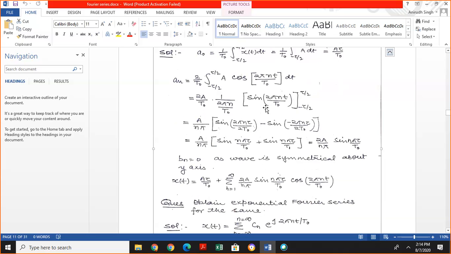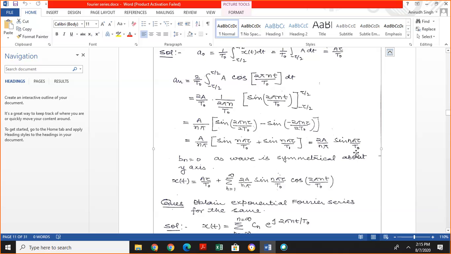sine 2 pi n t by T naught. Here we substitute small t replaced by tau by 2, so this 2 is cancelled out. Because sine of minus theta is equal to minus sine theta, we get this equation, and the value of An is equal to 2A by n pi sine n pi tau by T naught, and Bn is 0 because the wave is symmetrical about the y-axis, or the wave is an even function.